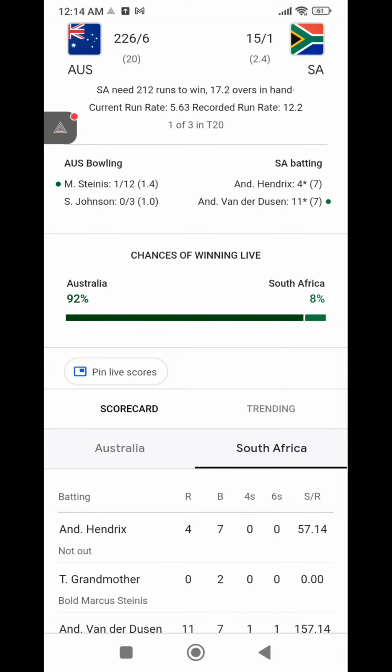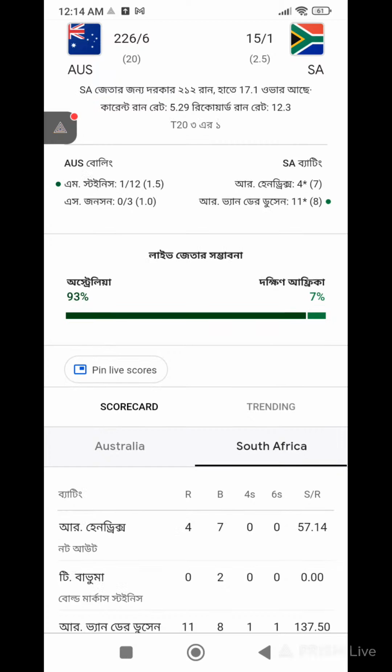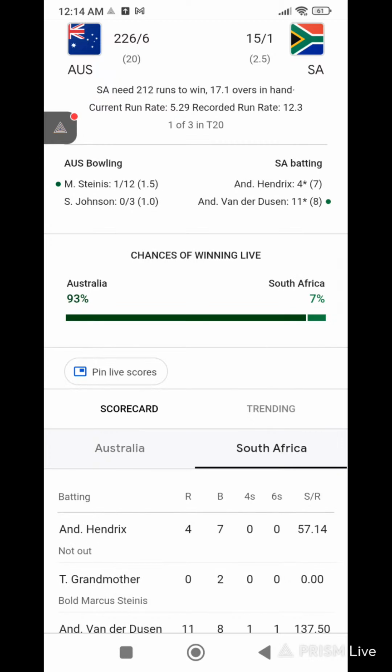Van der Dussen 11 of 7, 1 boundary and 1 over boundary, and Hendricks 4 of 7, 57.14 is the strike rate. So South Africa 15 for the loss of 1 wicket in reply to Australia's innings of 226 for the loss of 6 wickets.